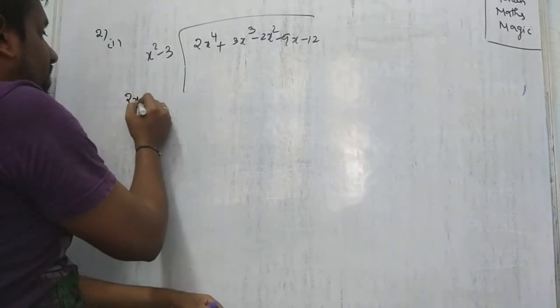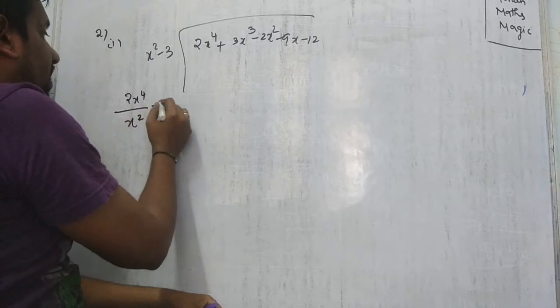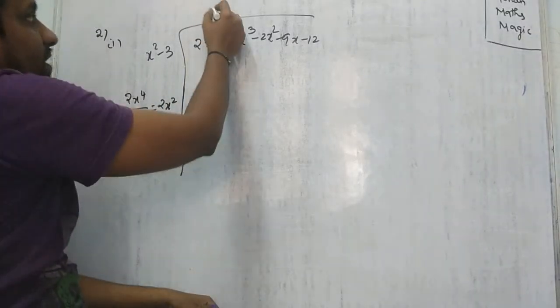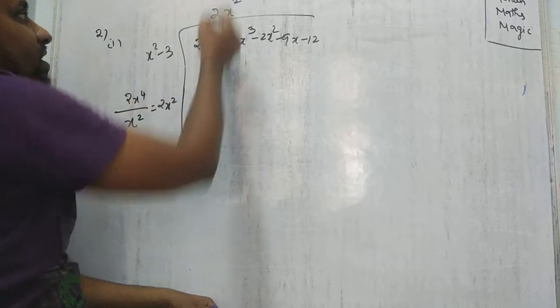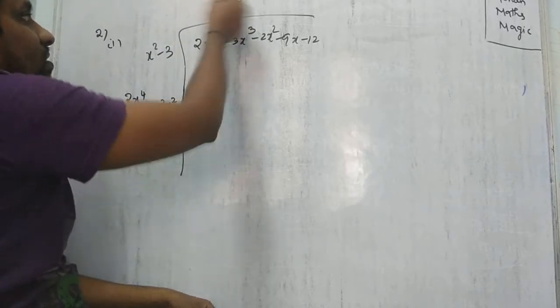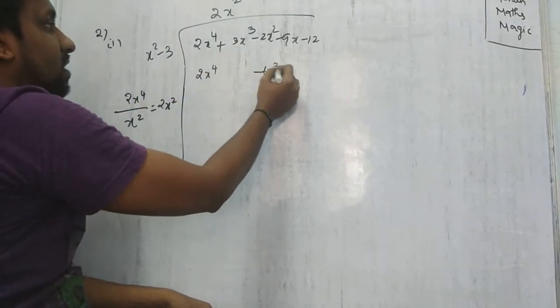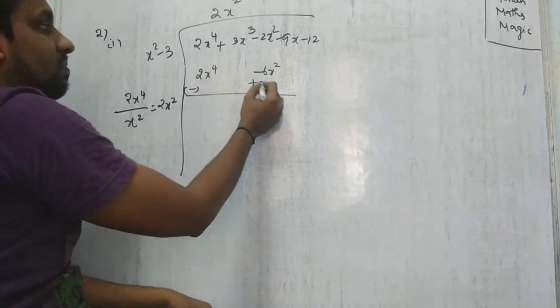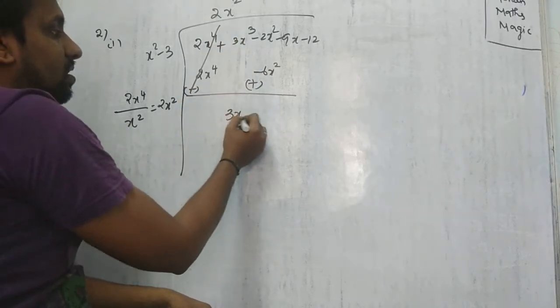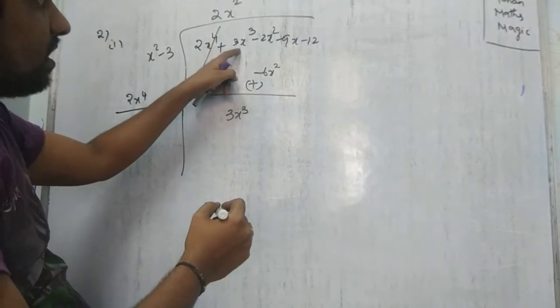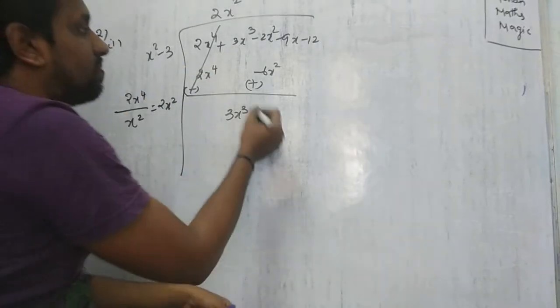So first term, 2x to the power 4 by x square, I got 2x square on top. x square into 2x square, 2x to the power 4 minus 6x square. Change the symbol, cancel it. Here, 0 is needed only if there is a 0; but if there is a number, just pull down.